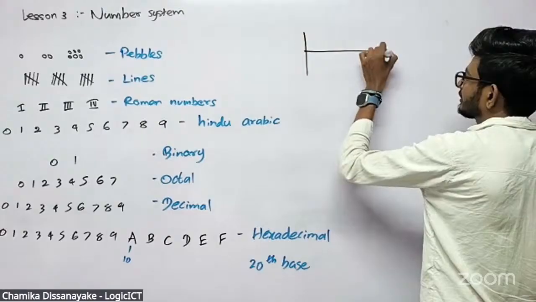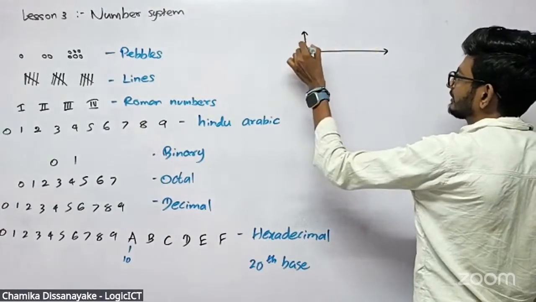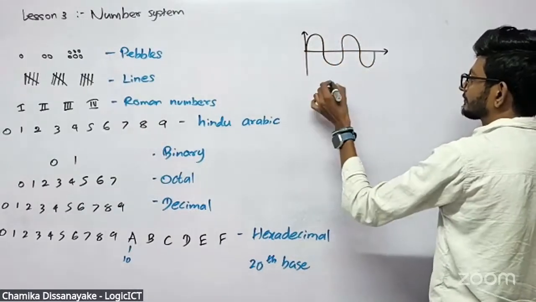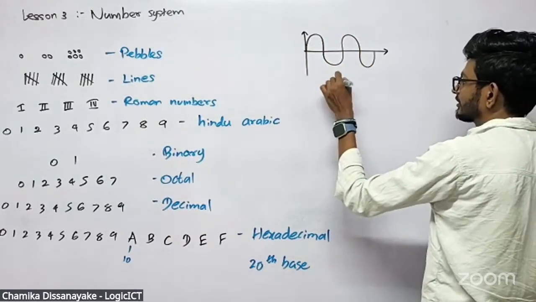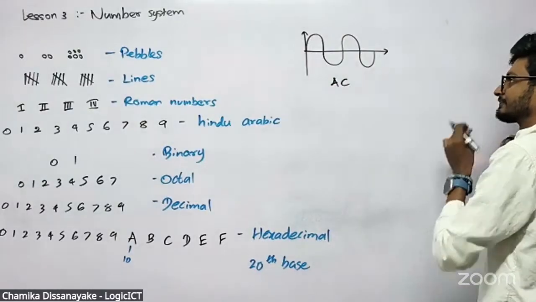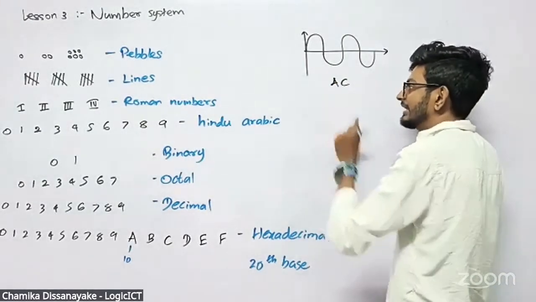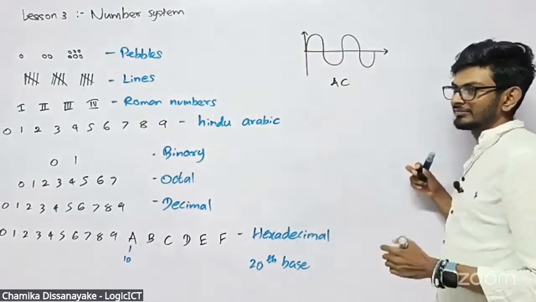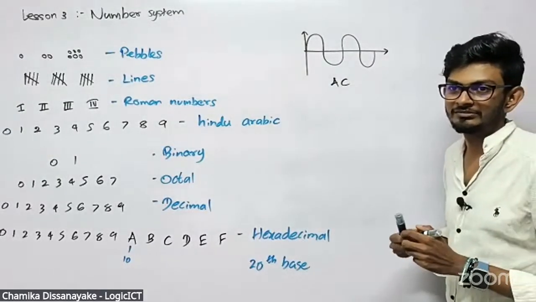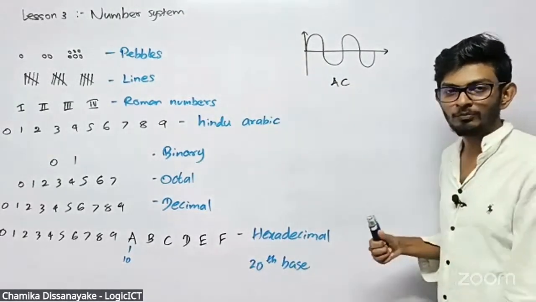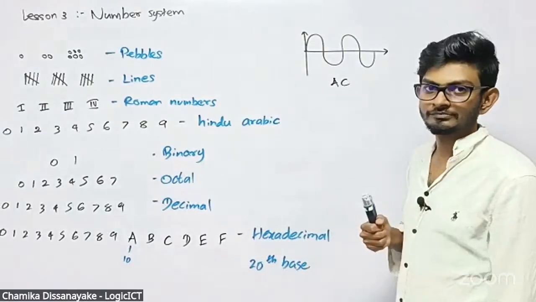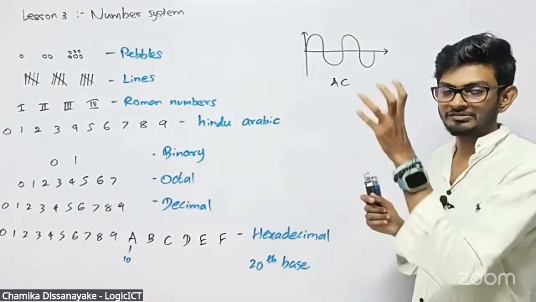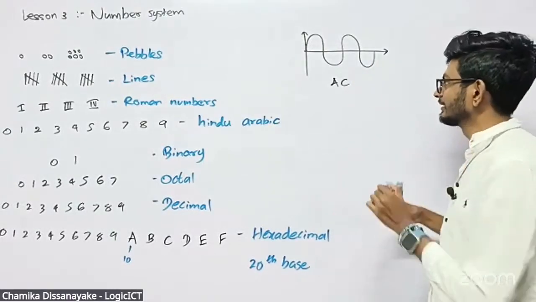The first thing is, guys, AC current, alternating current. I will just write AC. That means that current will behave like this. Actually, the current that you have in your home is this AC current. This is a theory, so don't try to understand this one, just look and learn.